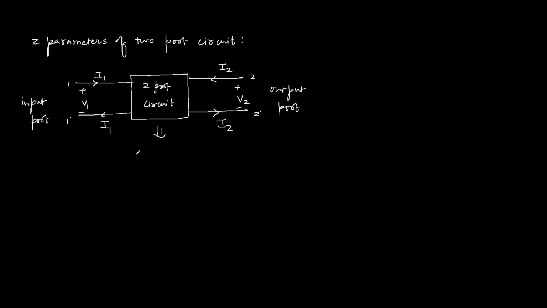In this two-port network, no energy can be stored. No energy can be stored in this two-port network. And the two-port network circuit or two-port circuit should not have any independent source.